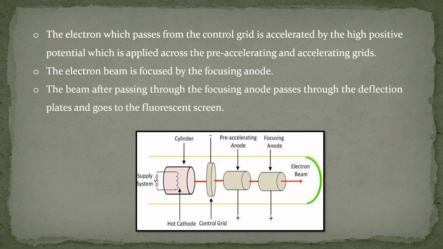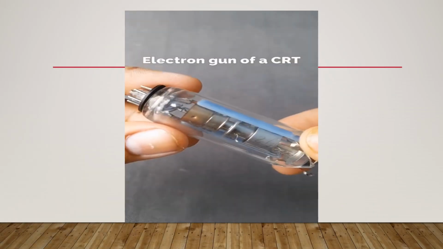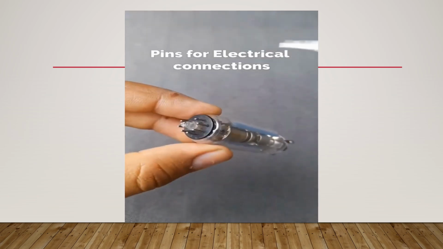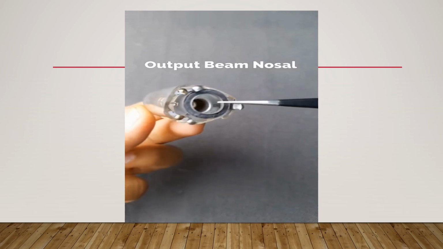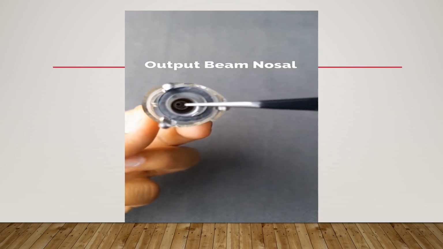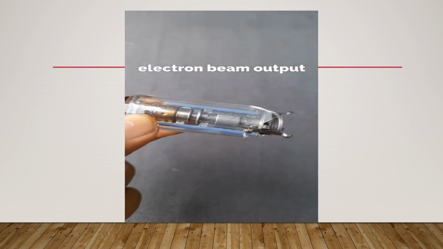The beam, after passing through the focusing anode, passes through the deflection plates and goes to the fluorescent screen. This is an electron gun of a CRT, and these are the pins for electrical connections, this is the outlet nozzle for the output electron beam, and these two connections are for the heating side. So this is complete.